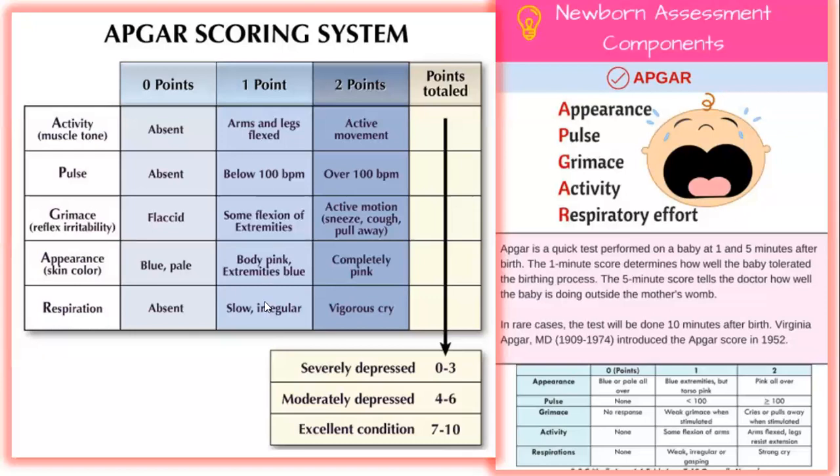So they said severely depressed if the score is 0 to 3, moderately depressed if 4 to 6, excellent condition if the score is 7 to 10, right?